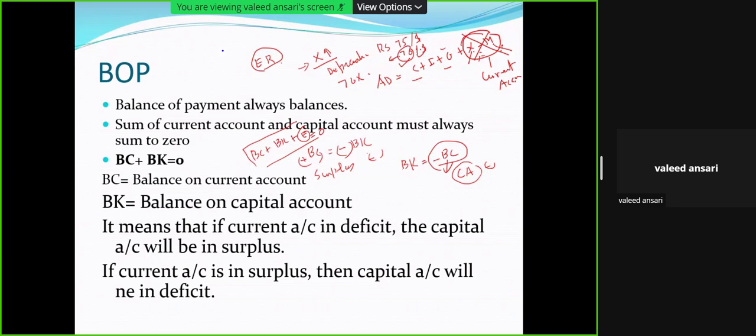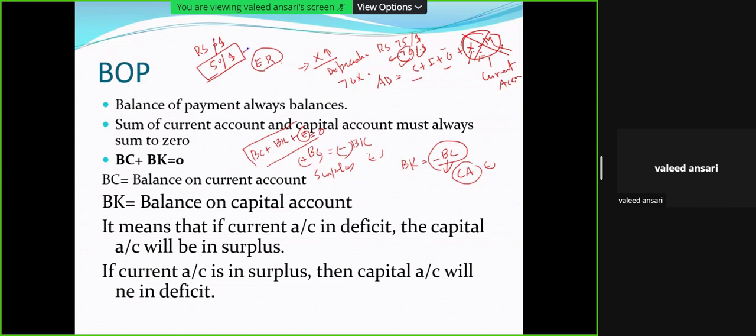But it has also got another important effect. Let me simplify it and assume the rupee-dollar exchange rate is 50 rupees to $1.